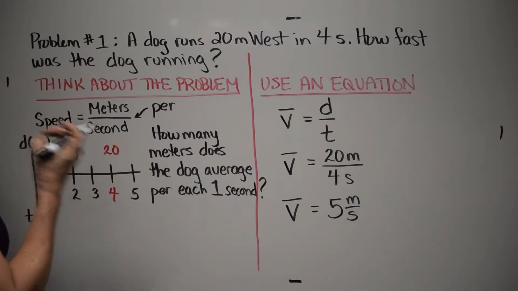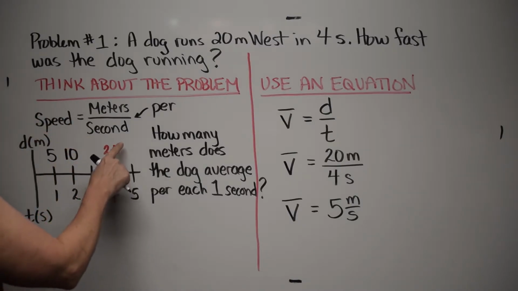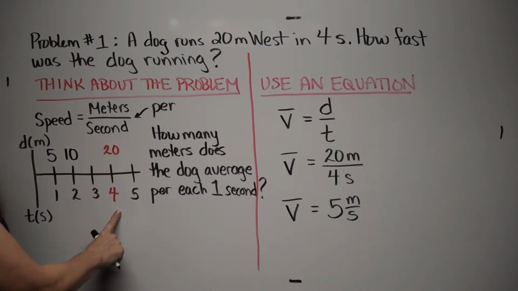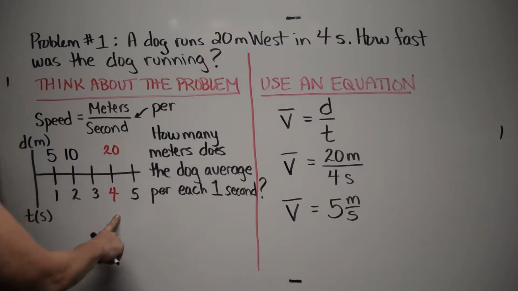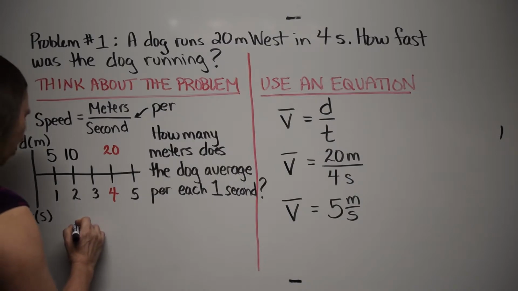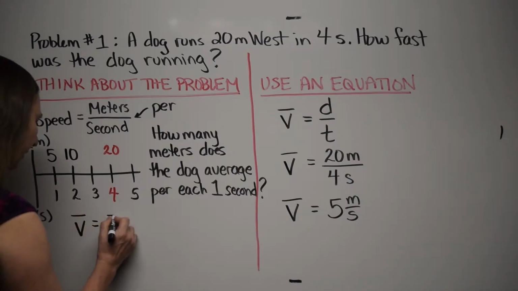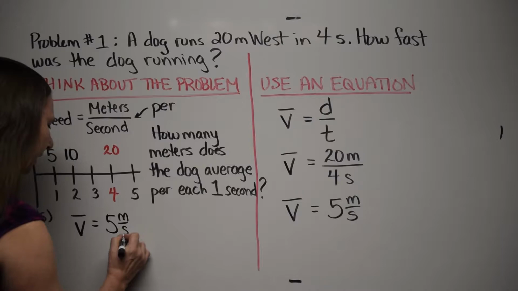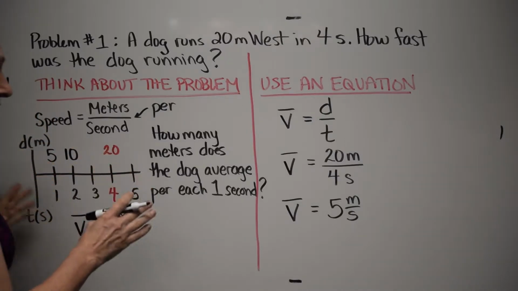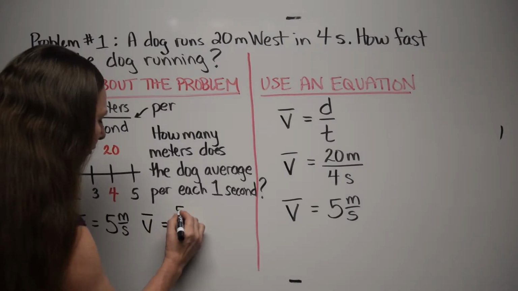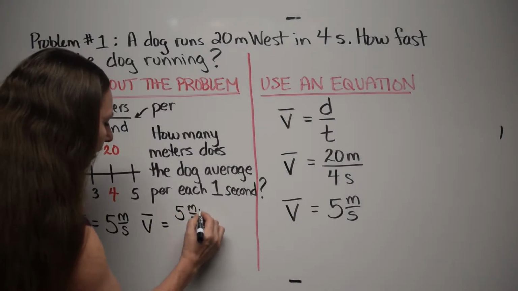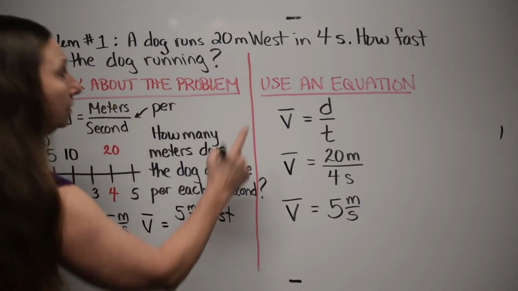What you're really doing here is saying the total distance divided by the time. 20 divided by 4 gives us a speed of 5 meters per each 1 second. So we know that the speed is 5 meters per second. And since we're only going in one direction here, our velocity is also 5 meters per second, but we would say west.